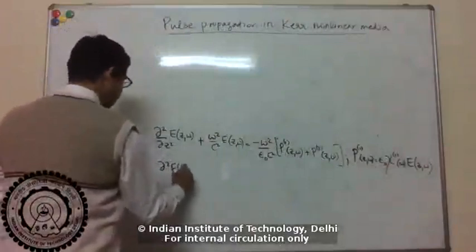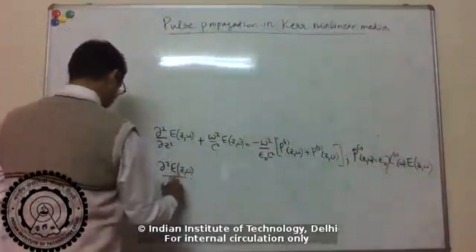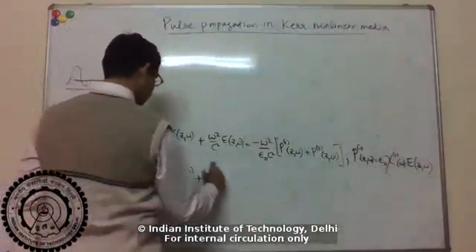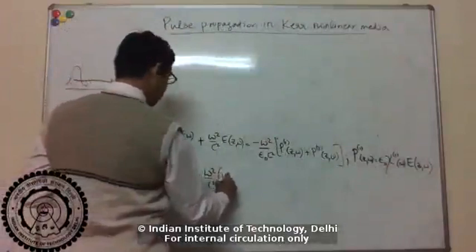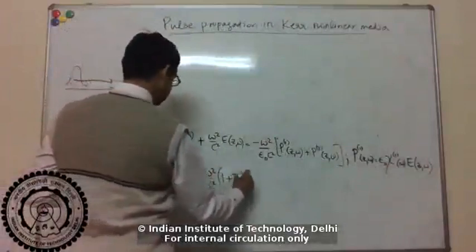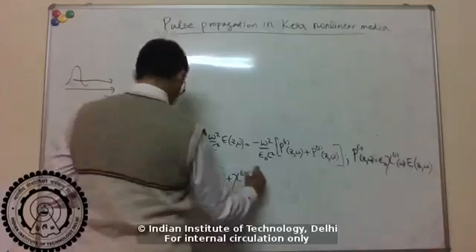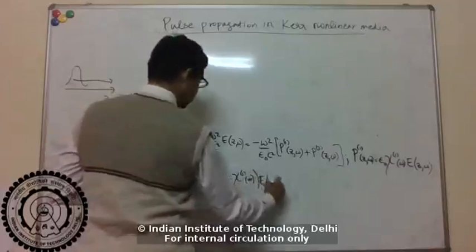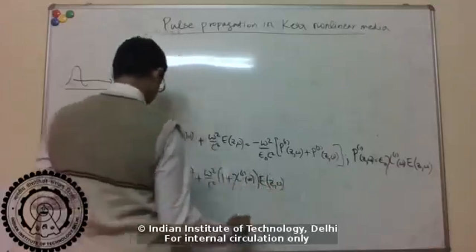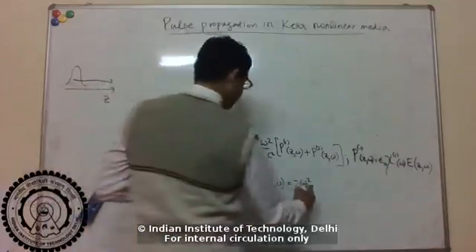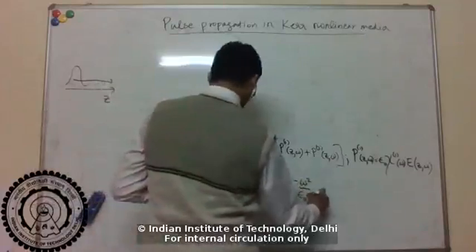So you know that this will give you basically the refractive index, right? Usual linear refractive index. So I get omega square by c square. Here I get 1 plus chi 1. Now on the right hand side as the source, I am left with the nonlinear polarization.